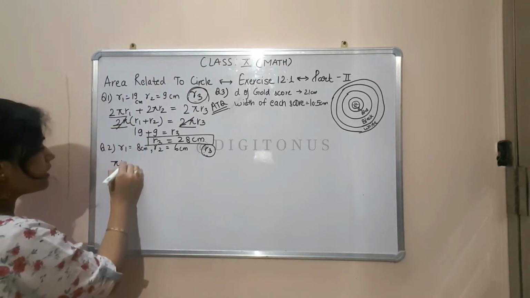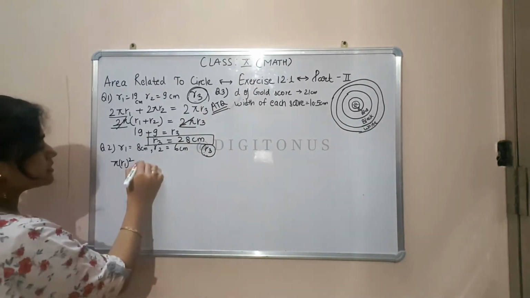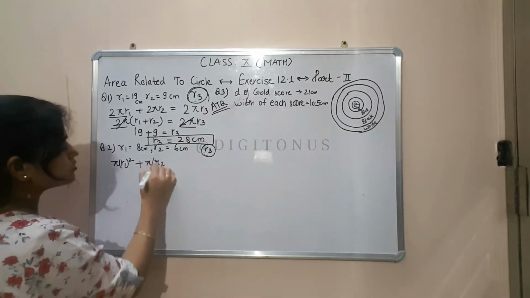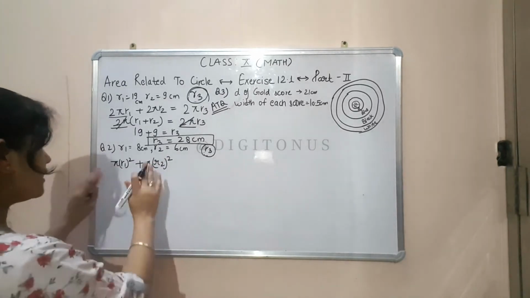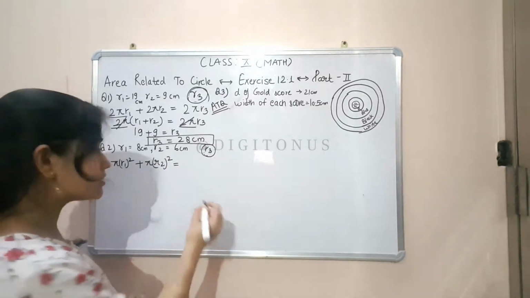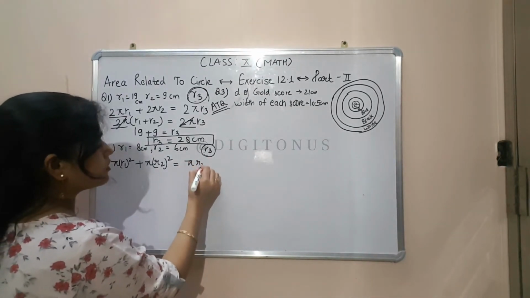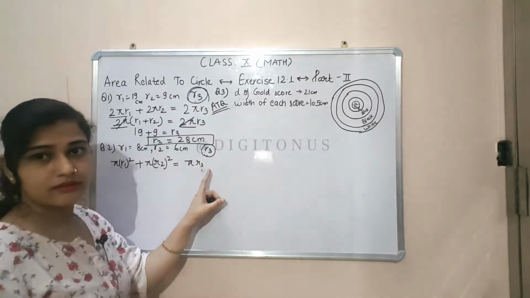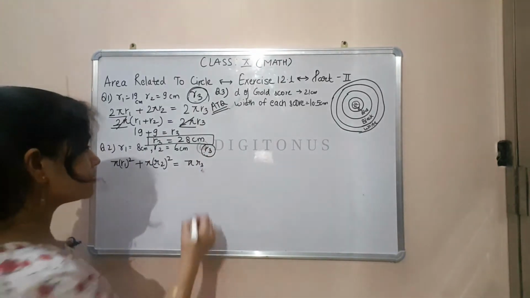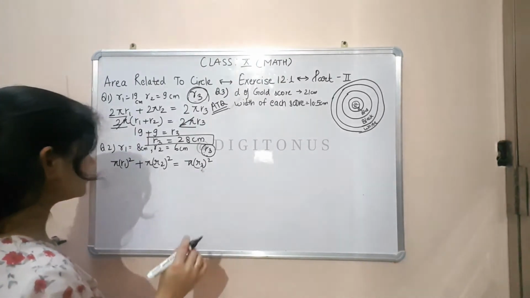So pi R1 square for the first circle plus pi R2 square for the second circle, and the sum of these two circle areas is equal to the new circle area. It means pi R3 square, because I have given the name R3 to the radius of the new circle, and pi R square is the formula of the circle area.